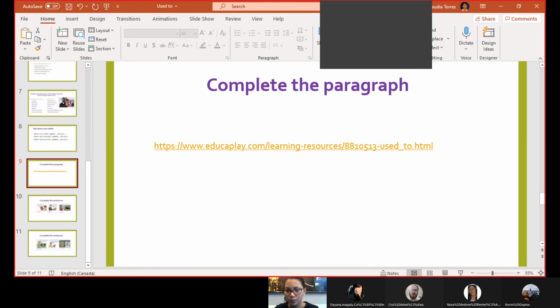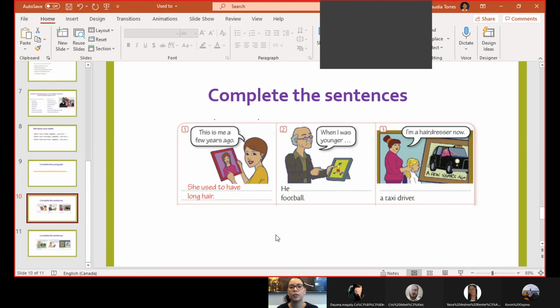Okay, so now I'm gonna show you some pictures, and I want you to complete the sentences by looking at the pictures. In the first picture, the woman says, "This is me a few years ago." So you have to talk about her. You can say she used to have long hair, right?